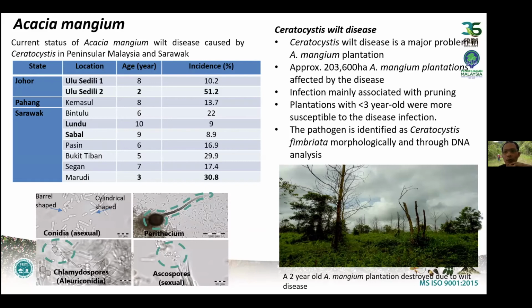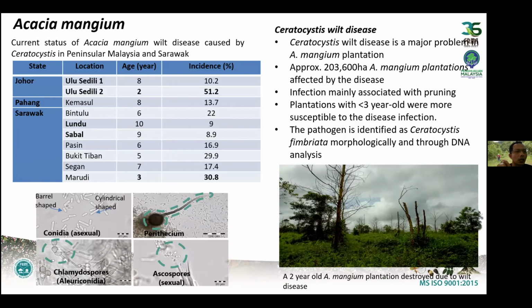During our survey, we found that trees below 3 years old are very susceptible to disease infection compared to older plantations. We have identified the pathogen and named it Ceratocystis fimbriata, based on morphological characteristics and DNA analysis. We had the chance to send some samples to experts, and they also agreed with the species.